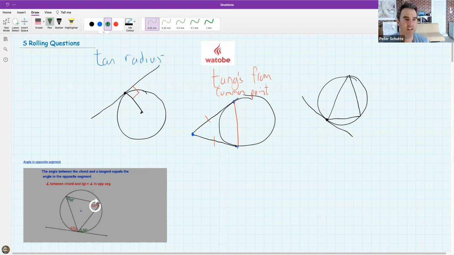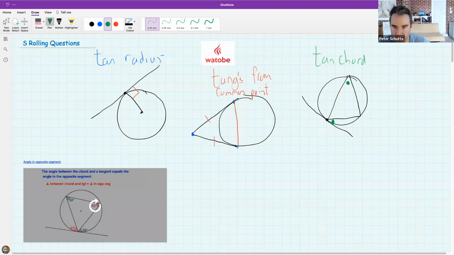And then in the last lesson, we spoke about what's called the tan chord theorem. What that says is if you've got a tangent and you've got a chord, you'll always have an angle between them. So let's make it the green dot over here. If you then take the chord that is participating, it will subtend or make an angle at the circumference.